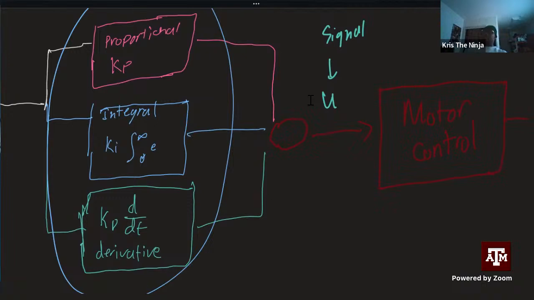So in order to get to the motor control, which we might call C, C equals U times KP times KI times K derivative.